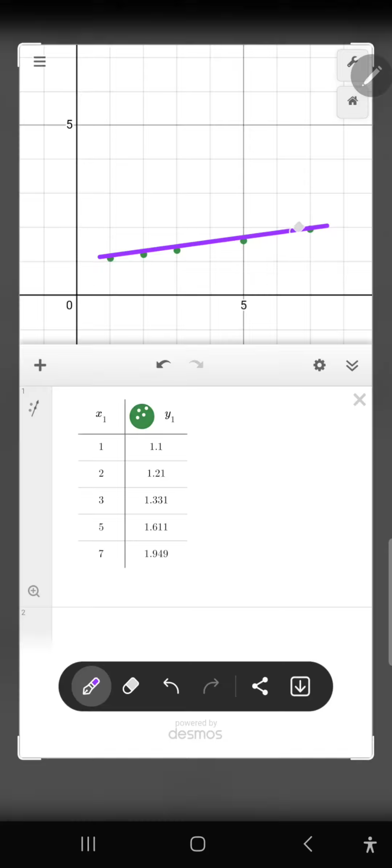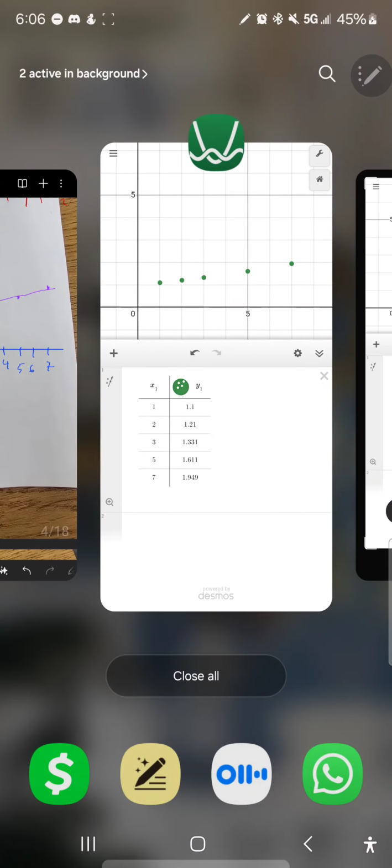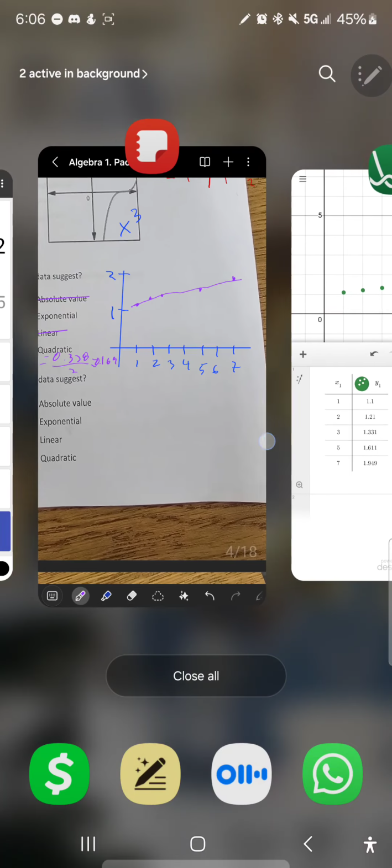Basically this. And I can see that it's a bit going up. But so I think this is exponential.